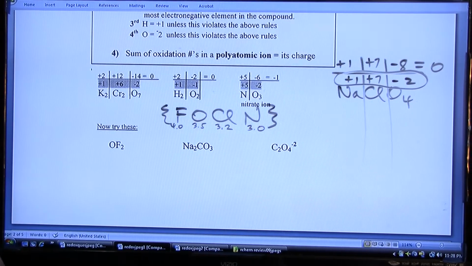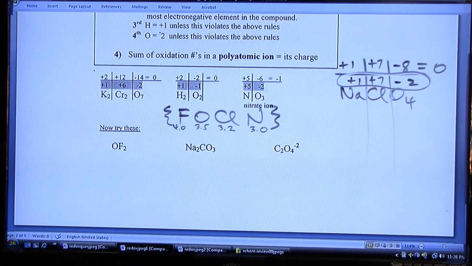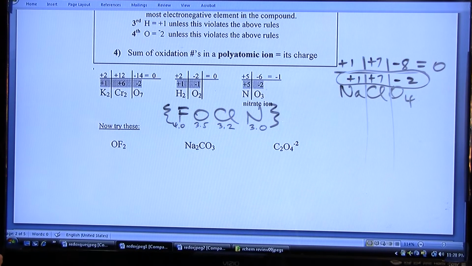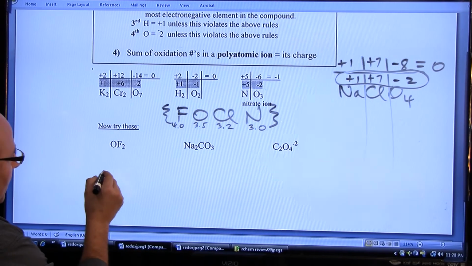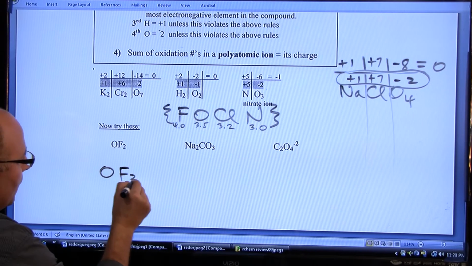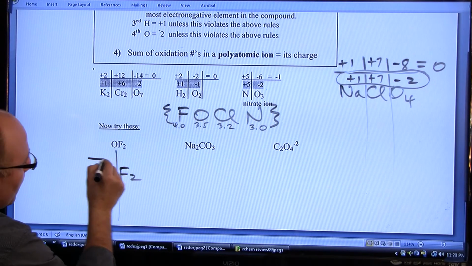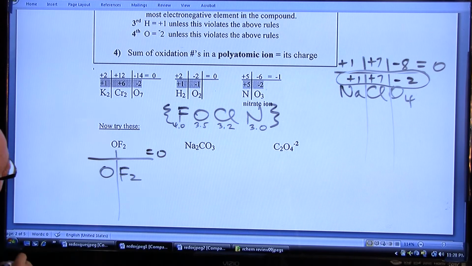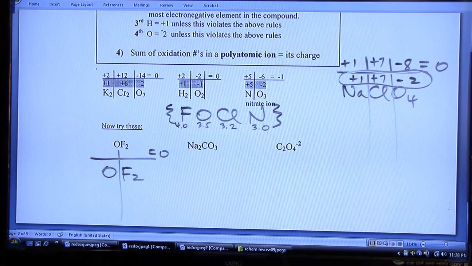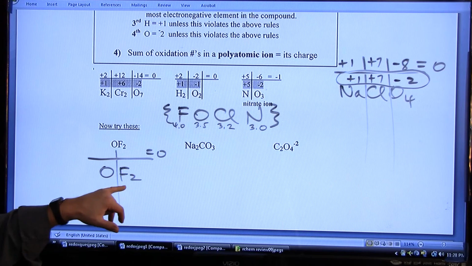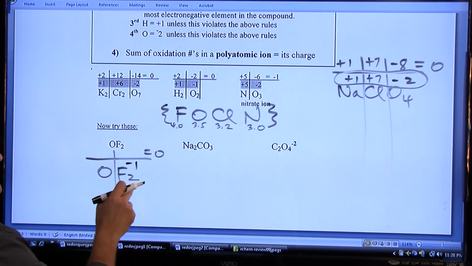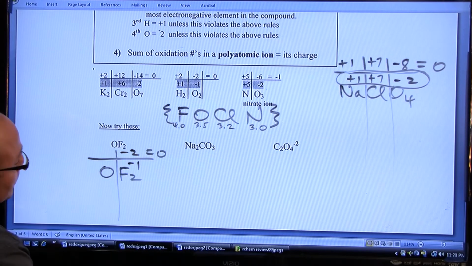All right, let's continue. Now, OF2, let's try these. So once again, let's chop it up. OF2, split it. Since it's a compound, we're going to set this equal to 0. And then again, in order of importance, the fluorine is the most electronegative, so we're going to write a -1 here. 2 times -1 is -2.